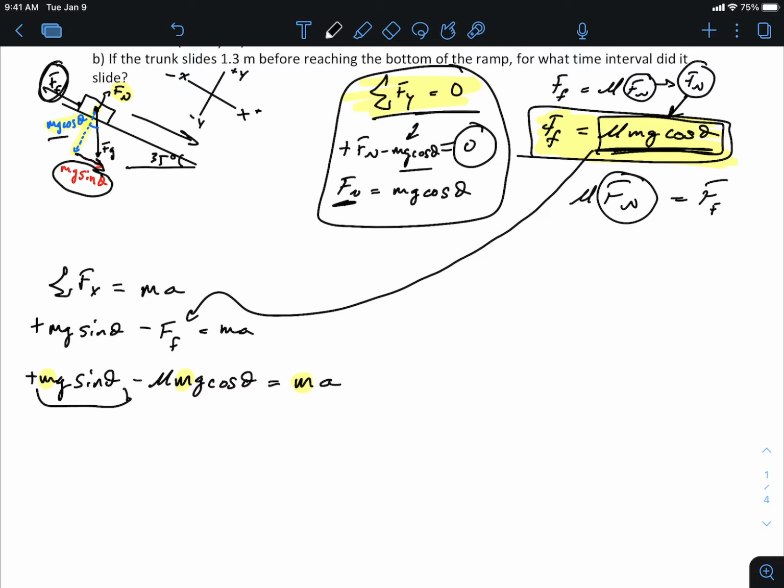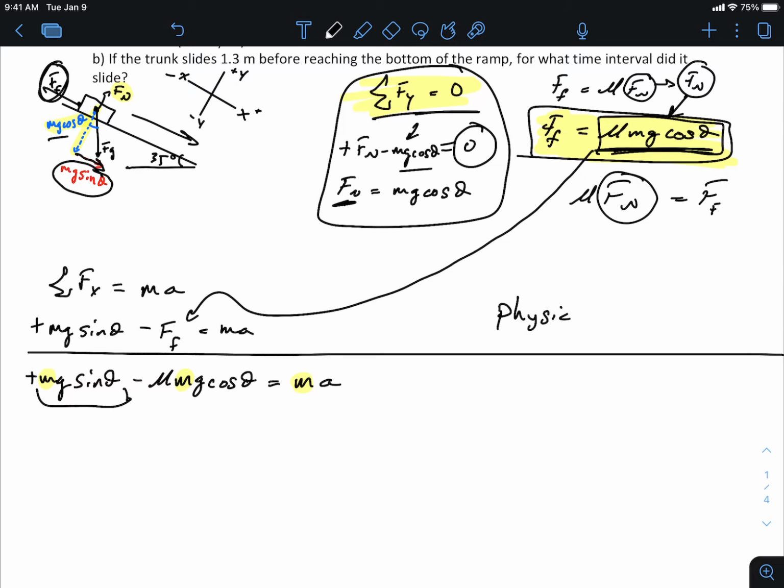The physics ended probably about here, where you set up the question. Now it's all math where we're going to actually solve, right? So this is the physics up here, and now we're in the math. Change your lens for a second and just look at this. There's a whole bunch of variables there. You know some of them numerically.